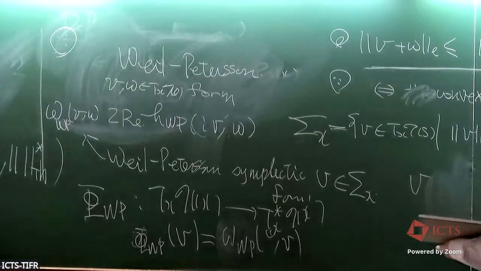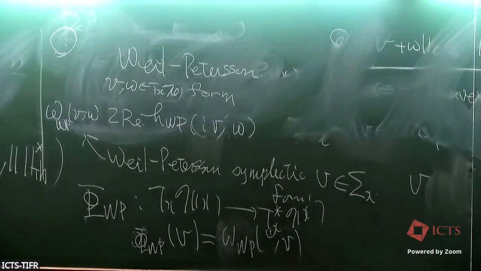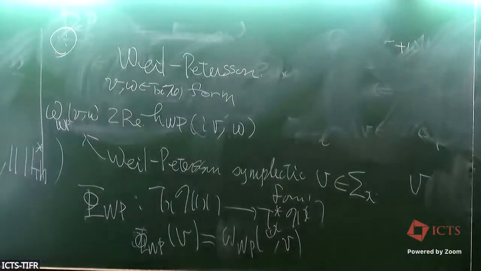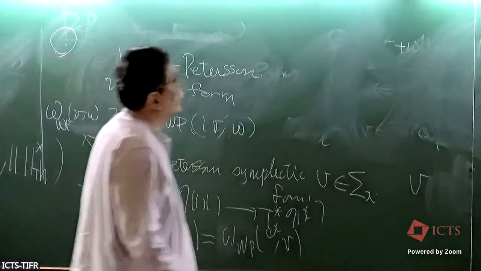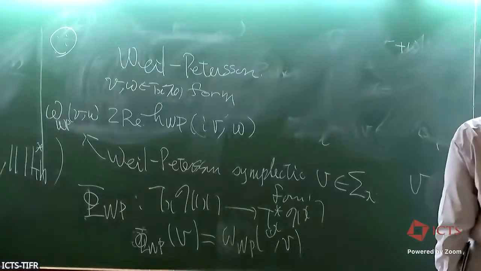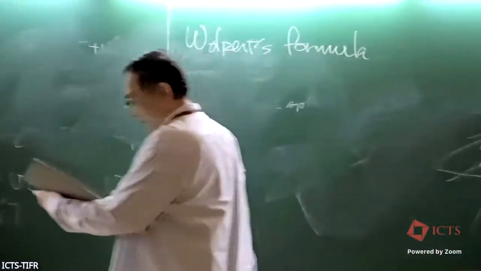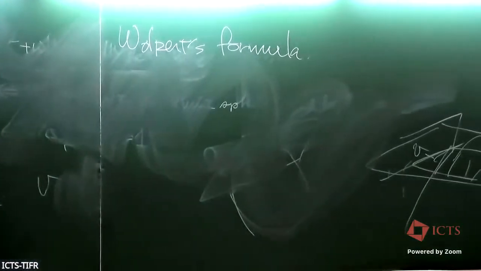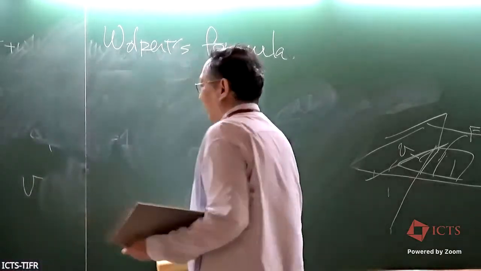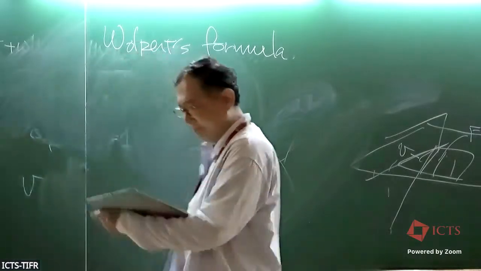What's essential here is the following formula proved by Wolpert. He showed that the earthquake is sent to the derivative of the length by this map.